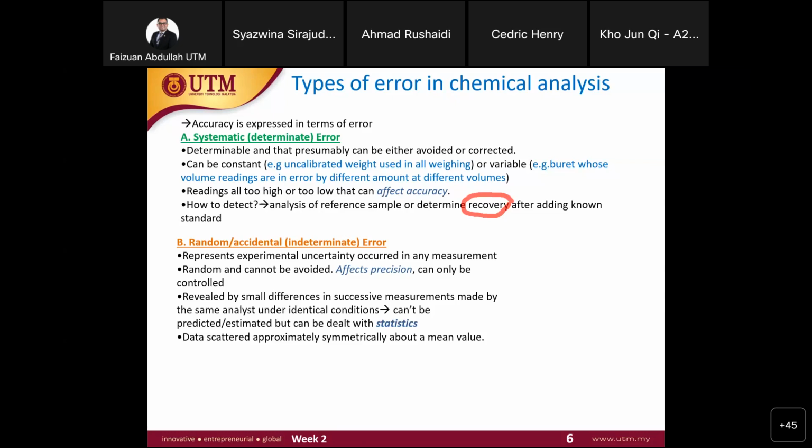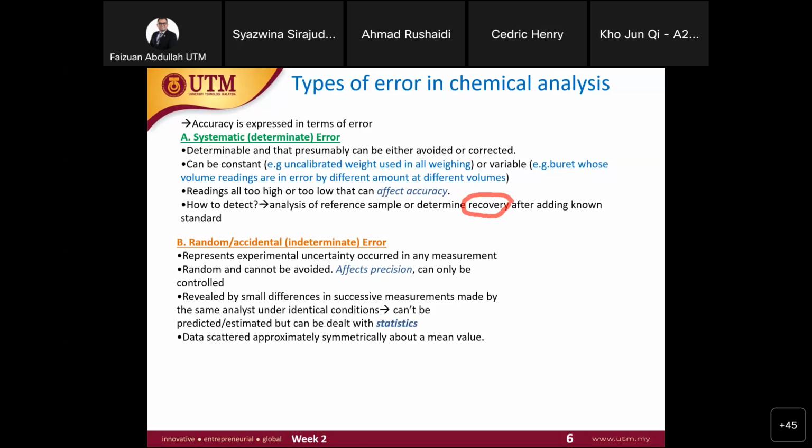Or if we analyze 5 ppm for the 10 ppm of mercury inside the sample, it is also not acceptable, because the amount of mercury is 50% less than the actual. All right, understand, guys?